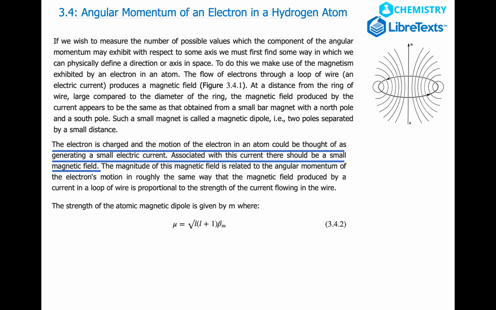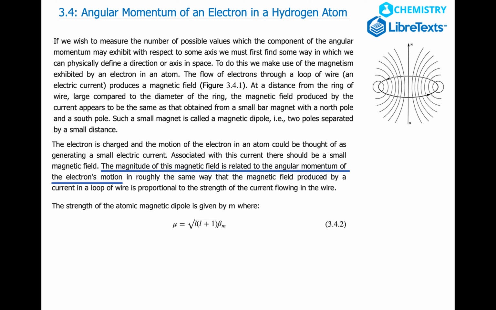And we're going to see how an electron, a charged particle, is in motion, and we'll see that associated with that motion of a charged particle moving, we're going to generate electric current, and that would lead to an associated magnetic field.